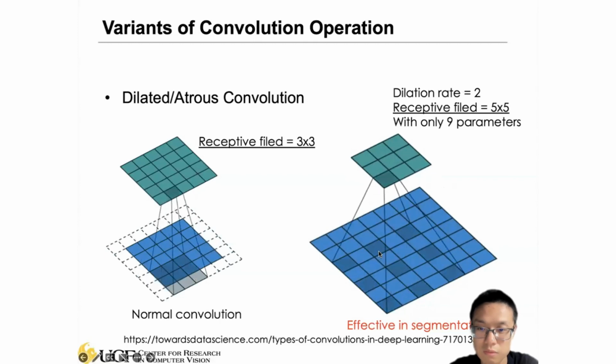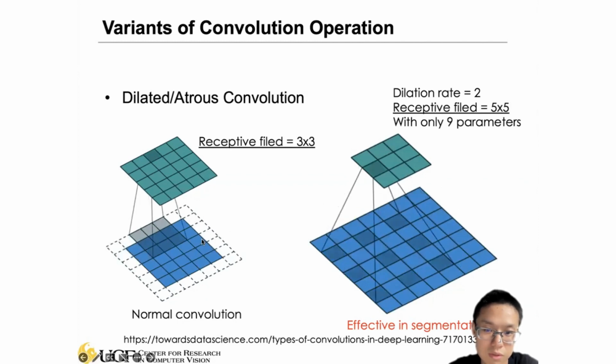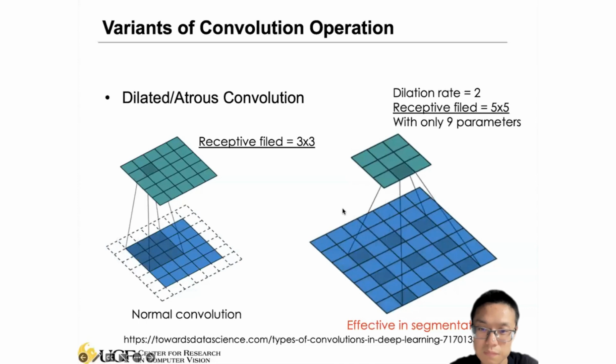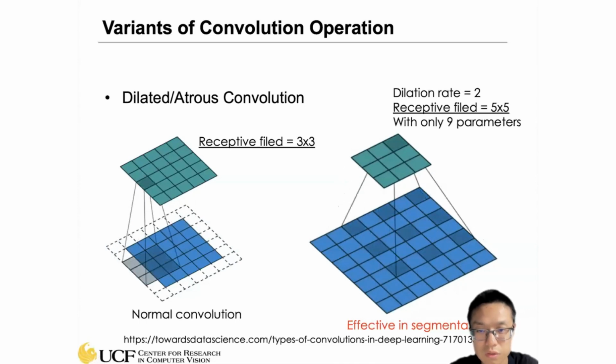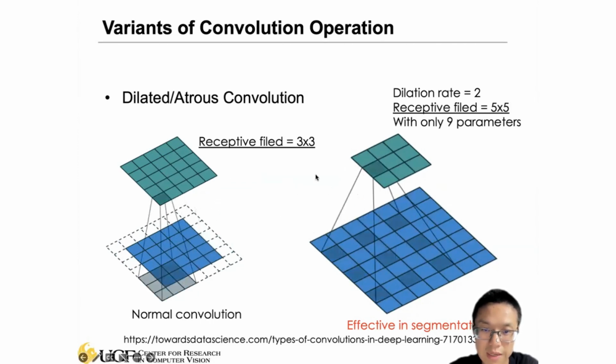And you may be wondering, why do we need to increase the receptive field size? What's wrong with just looking at the 3x3 region? For some applications, especially semantic segmentation, you want to assign a label to each pixel. You need to know the context. Maybe a 3x3 region is too small. Maybe there's an edge, or this is the boundary between two objects.